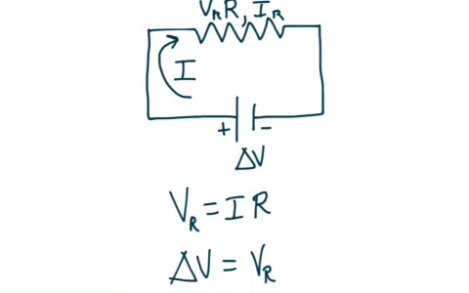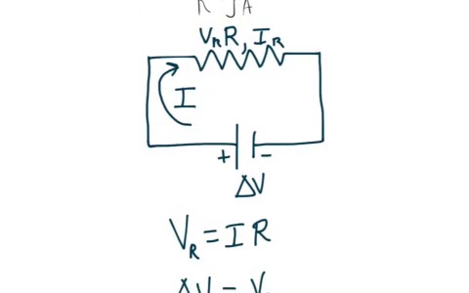That's saying that the amount of voltage that's being produced by this battery is equal to the amount of voltage that's being consumed by this resistor. Hopefully that's a little bit clearer.